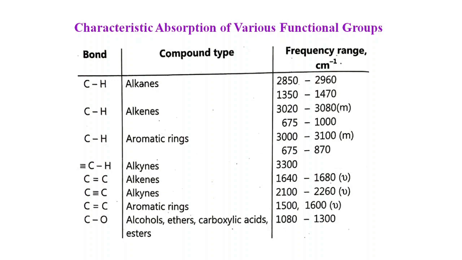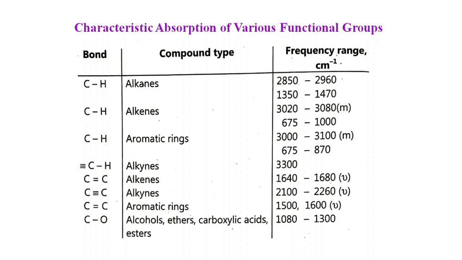These are some of the characteristic absorptions of functional groups. This is the range. The absorption frequency may vary due to the electronic environment or the different factors which affect the absorption frequencies.